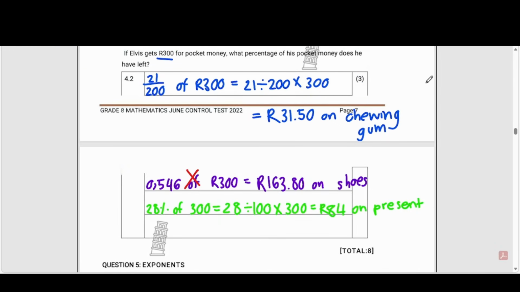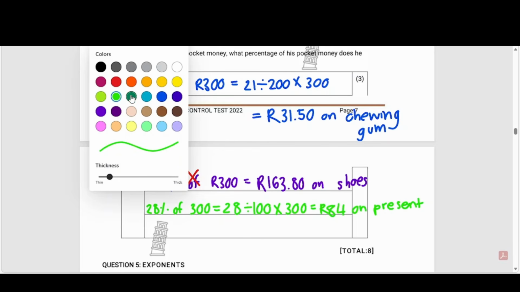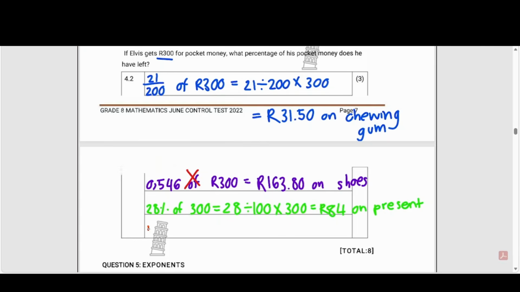And then what percentage of the pocket money does he have left? So first of all, we're going to work out how much he has left, and then we can work out the percentage. So he had 300 Rand.